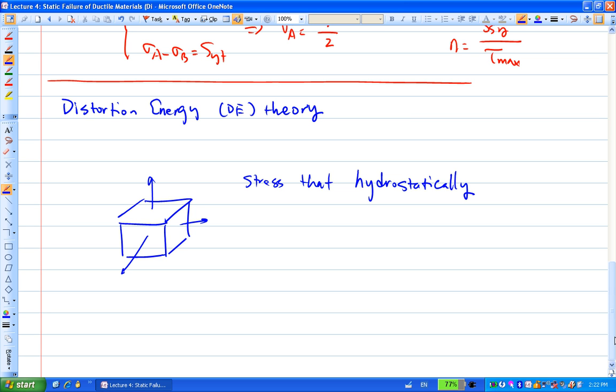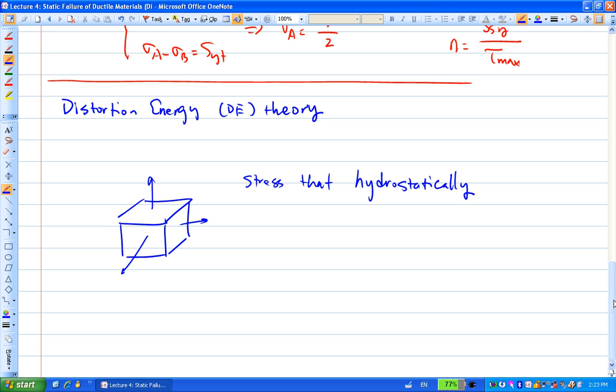If you apply it evenly on each side, the volume will expand at the same time. Actually, if you apply the stress hydrostatically, the volume won't change.